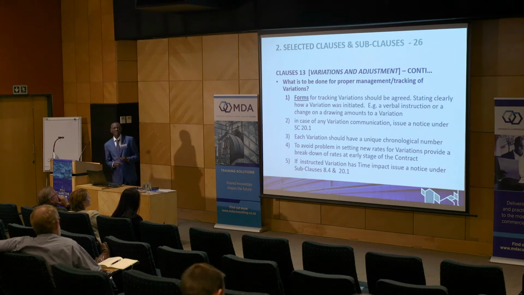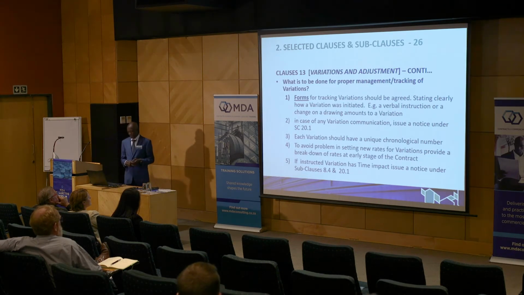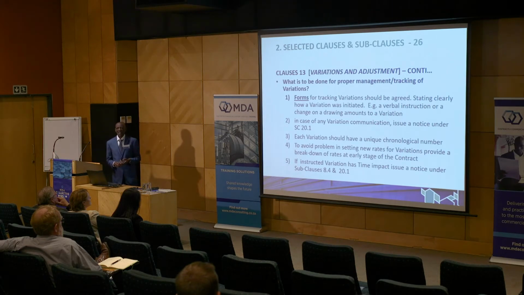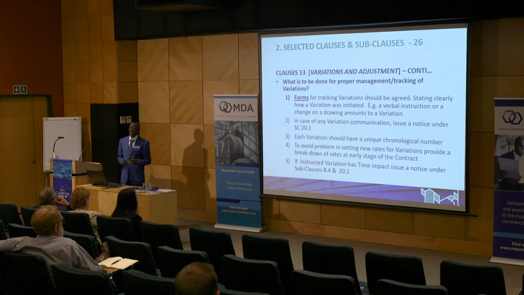What is supposed to be done for proper management or tracking of variation? Any prudent contractor at the beginning of the contract should make sure that he agrees with the engineer on forms to be used for tracking variations or any changes.